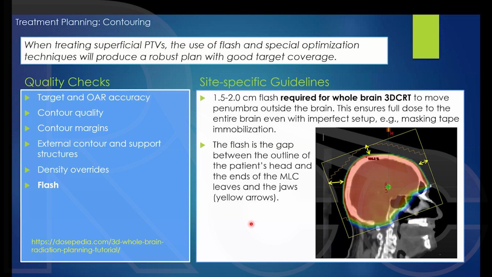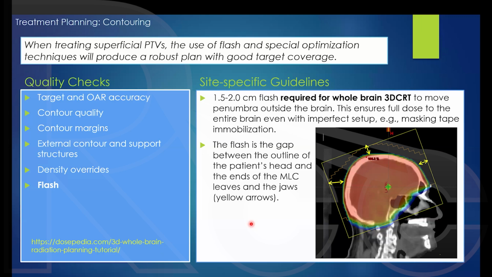This is a great question about flash for the brain, because the brain holds still. If we're doing daily imaging, we can get the alignment, so we're not so much worried about swelling or movement. So why do we always do flash? It turns out you can do whole brain without flash.